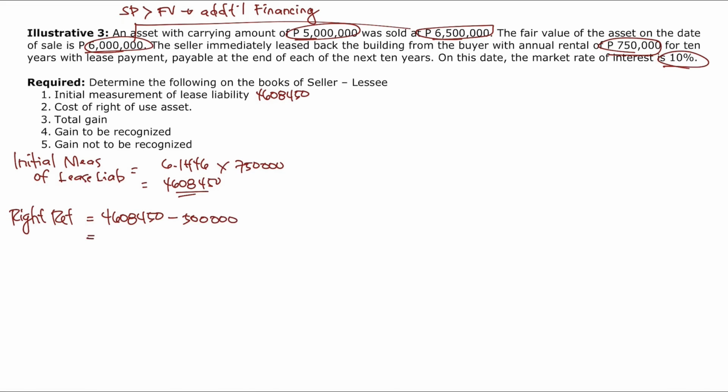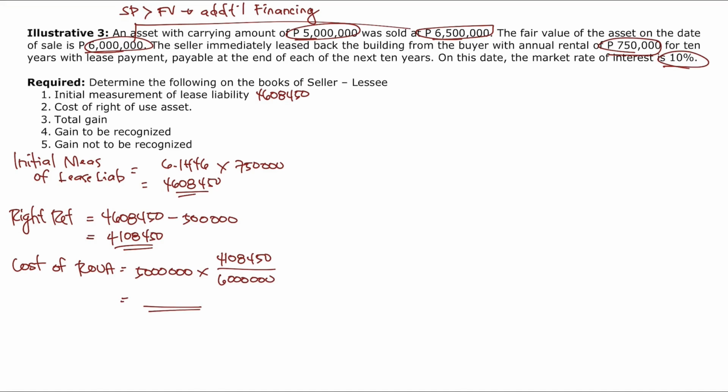Okay? So, magkano lang ang right retain natin? Right retain must only be equal to 4,108,450. Ibig sabihin ngayon, cost of ROUA natin will only be equal to the carrying amount of 5 million pesos times the right retain of 4,108,450 divided by the fair value of 6 million pesos.